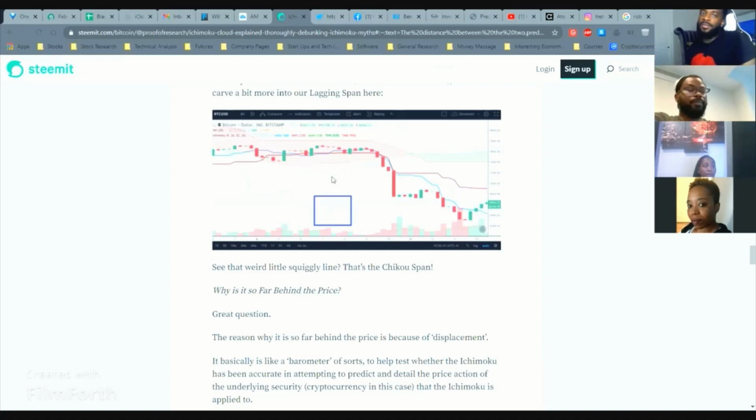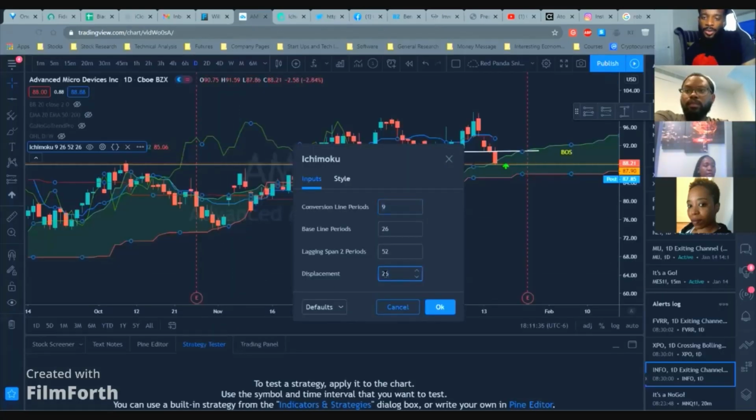Sometimes you'll realize the default settings don't work that well for you. I recall some people would change this to a smaller one to make the cloud closer, because they realized the cloud being closer gave them a better price prediction. So it's just something you can play with.